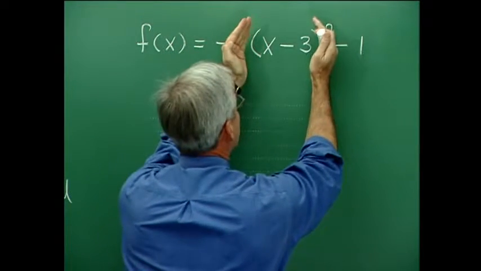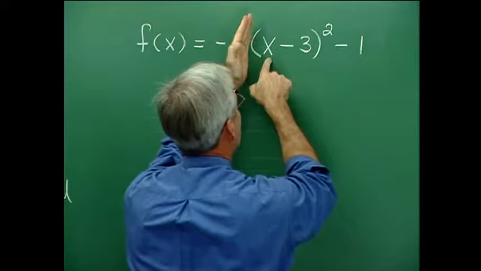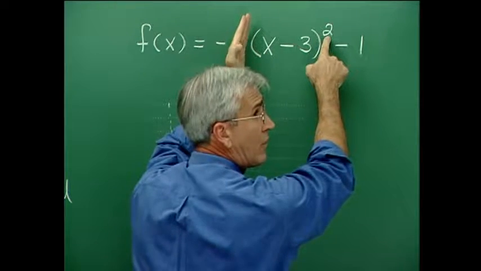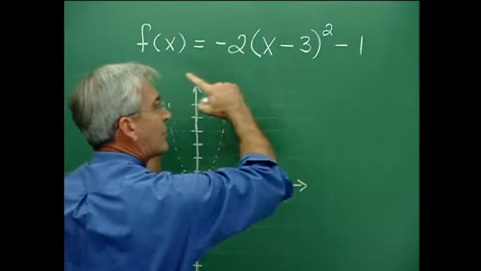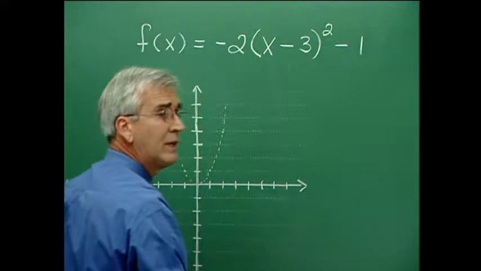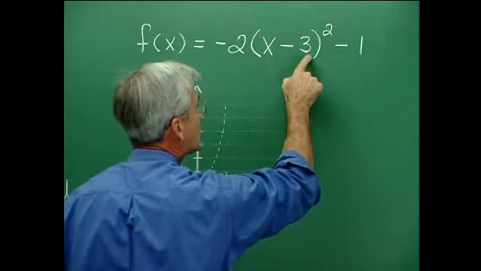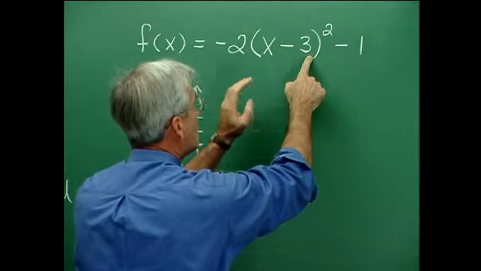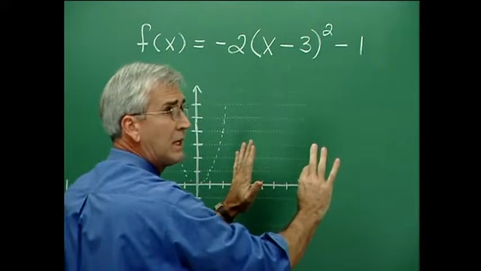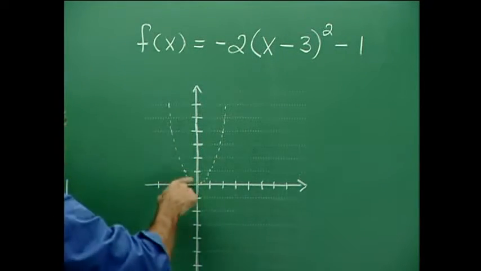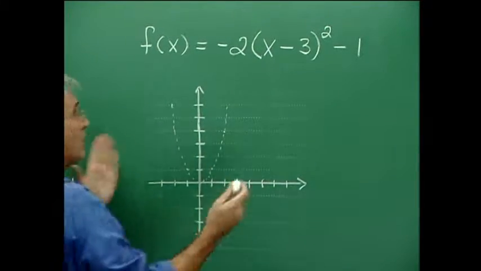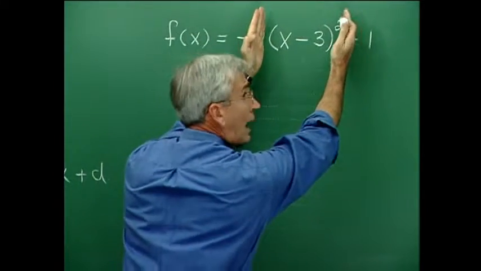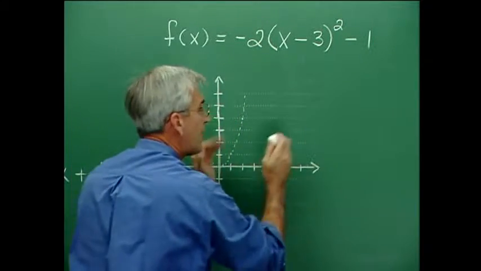When we have an addition or subtraction of the variable before the squaring operation, then the transformation, it's rigid, is left or right, but in a direction we don't expect. If we see x minus 3, then the graph actually moves plus 3 on the coordinate plane. Now, this is the graph of y equals x squared. Okay. When we talk about x minus 3 squared, then this graph moves 3 to the right.